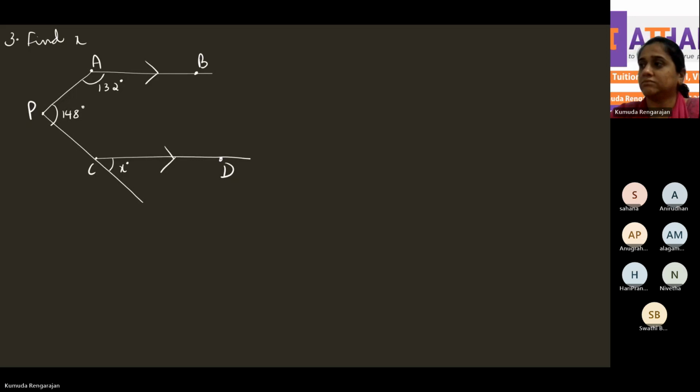Got it? Not drawn the figure at all. Where is A? Which is A? No, you may be right, but you have not drawn the figure. You have not marked anything, so I can't make out.